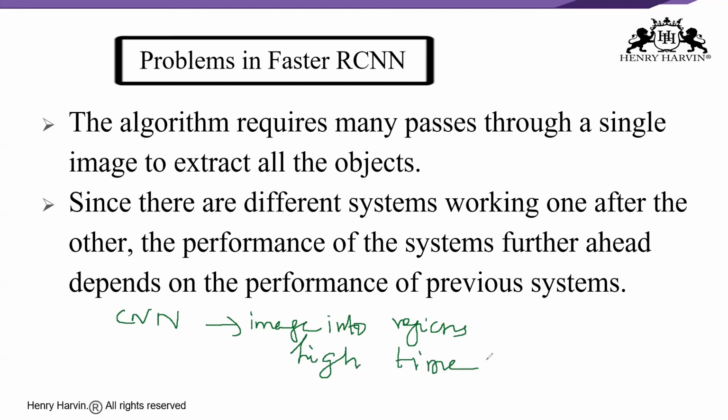This uses selective search to generate regions. We have seen it extracts around 2000 regions per image, and 40 to 50 seconds are taken for each region. Then it has to be passed to the CNN, and you have to use 3 different models for making predictions.